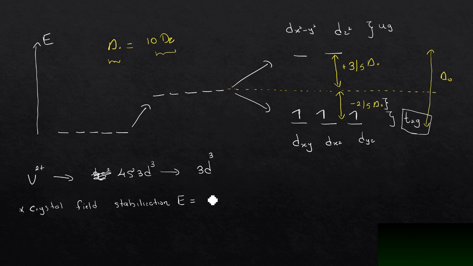So the crystal field stabilization energy is going to be 3 times minus 2 over 5 delta O. This 3 is because there are 3 electrons.